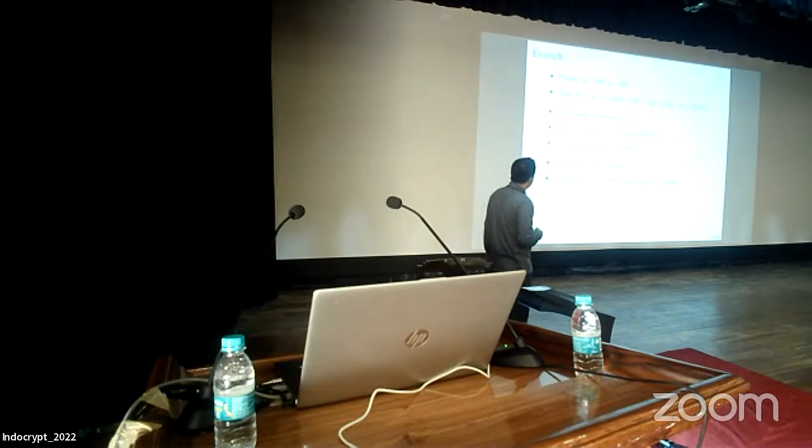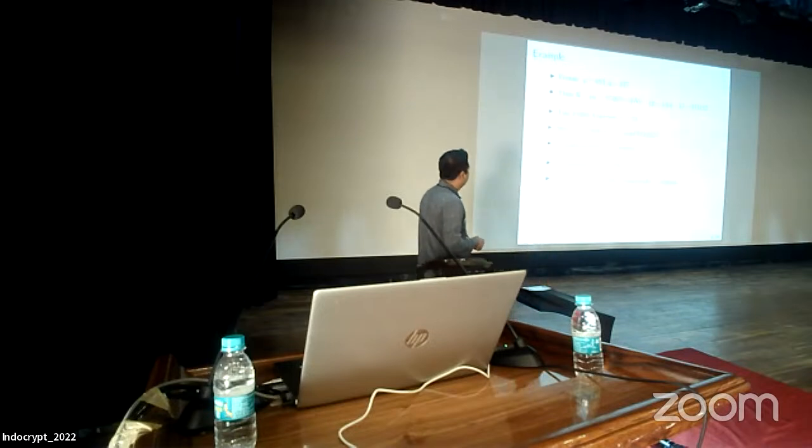This is a very small example. Of course, in real life, we cannot use only this kind of 3-digit primes. If you take P equal to this and Q equal to this, N will be like this, and phi N will be like this. If you take public exponent E equal to 13, you can check 13 times this, and if you divide by this number, you will get remainder 1.